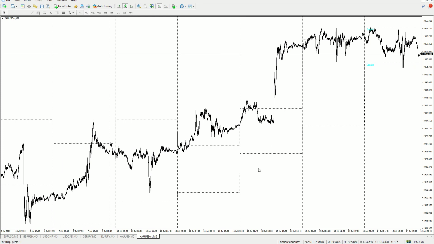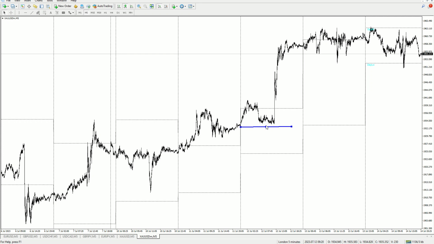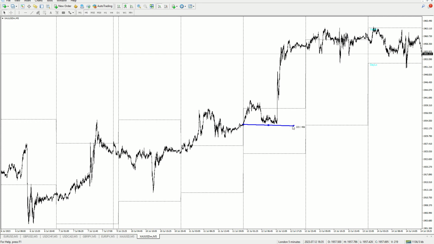What I want to see is that I have a consolidation before my session starts. That's why I told you that usually when there is explosive news, what they will do is just consolidate.